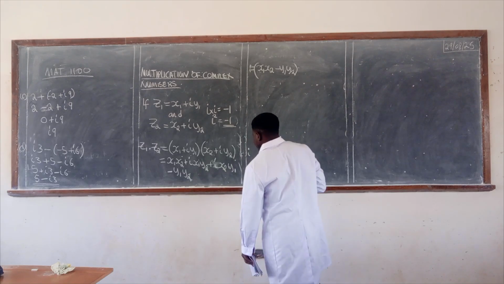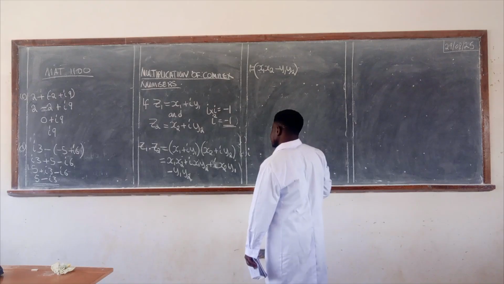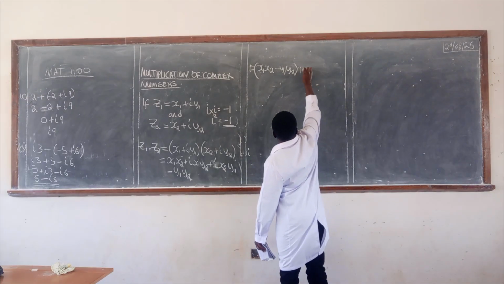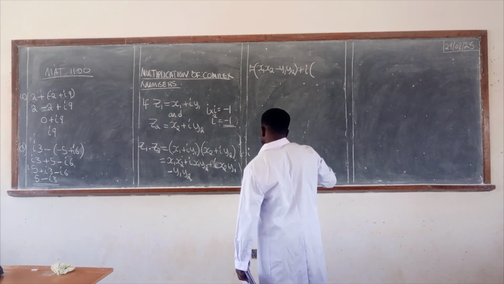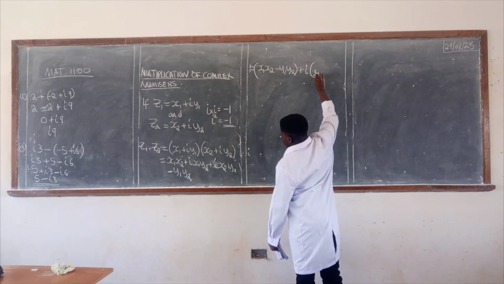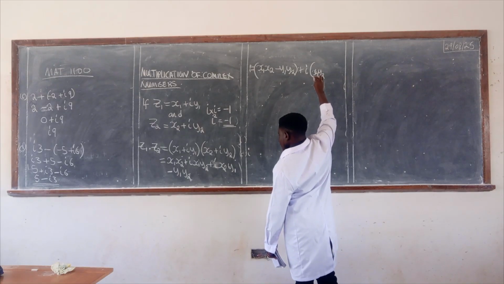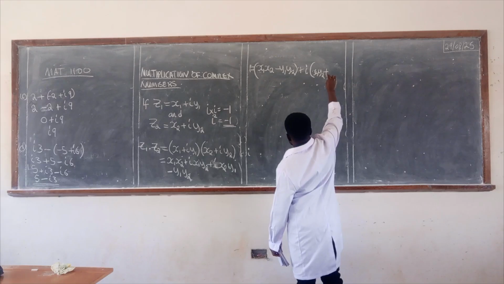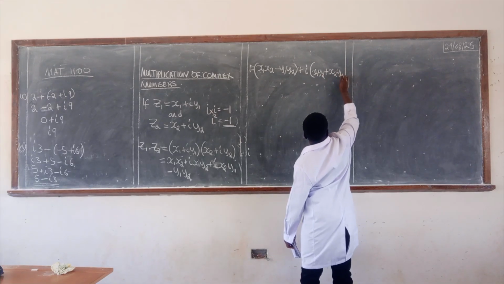Put them in brackets, and then we collect the like terms here, which is plus i, X1 Y2 plus X2 Y1.